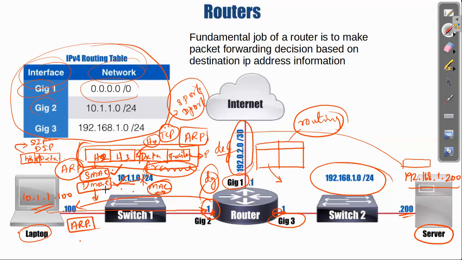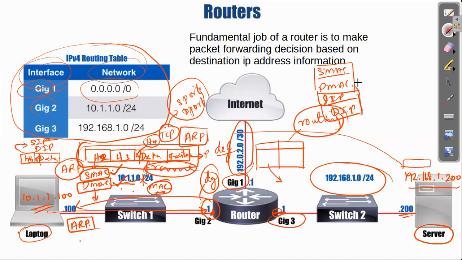How is the ARP done? ARP also sends a message with the details of source MAC, destination MAC address, source IP, destination IP. Okay.